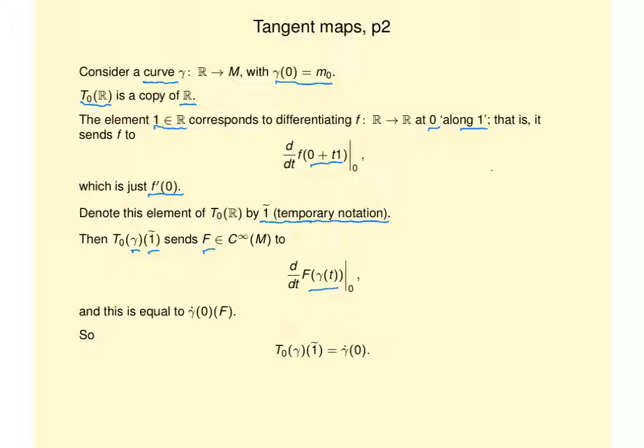And that's precisely what we've denoted earlier by gamma dot 0 of f. So we can say, in fact, that gamma dot 0, that's a tangent vector to M at the point gamma 0, is indeed just t, the tangent map, applied to gamma at the point 0, and this unit basis tangent vector.